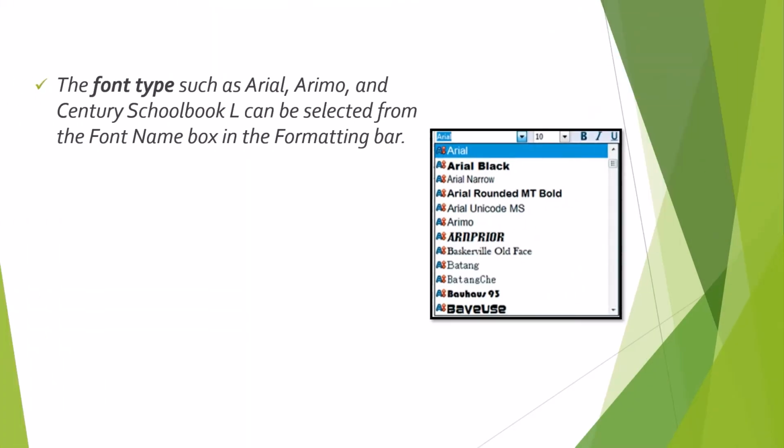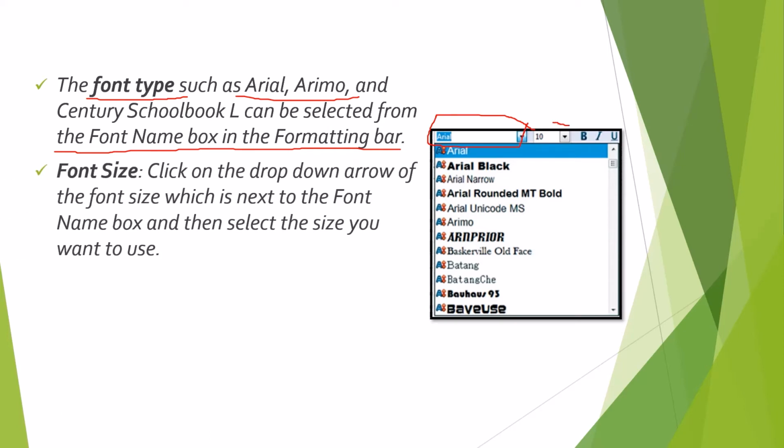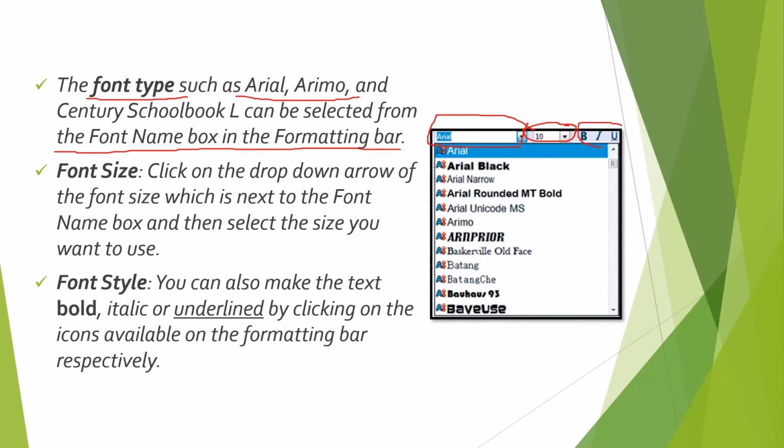Now, how to change the font type or how to select the font type. Font type and font name are the same thing. Arial, Eremo, etc. are all font types which you can see in Calc. So how can you select them? You can select them from the font name box which is present in the formatting bar. Here you can see this is the font name box, this is the font size box and this is the font style box.